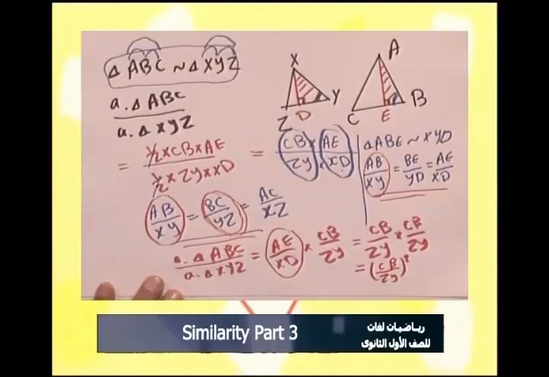So we can deduce now that the ratio between the area of triangle ABC to the area of triangle XYZ equals any ratio or any scale factor but power 2, or squared.